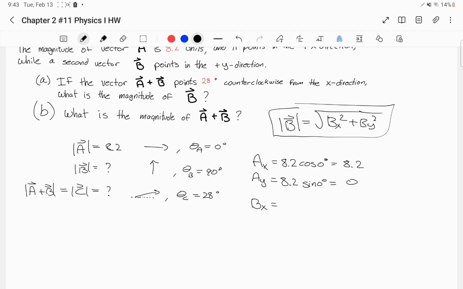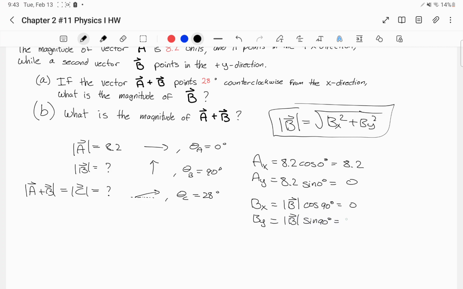Now, we do the same thing for the x component of B. It's going to be the magnitude of B, because they do not give us the magnitude, so we can just write magnitude, times cosine of 90 degrees, which is 0. So we already know right off the bat that the x component of B is going to be 0. So all we have to account for is the y component of B, which is going to equal the magnitude times sine of 90.